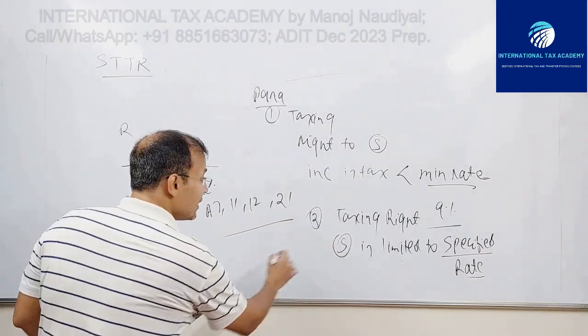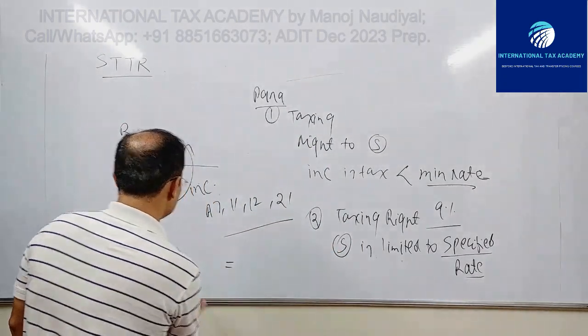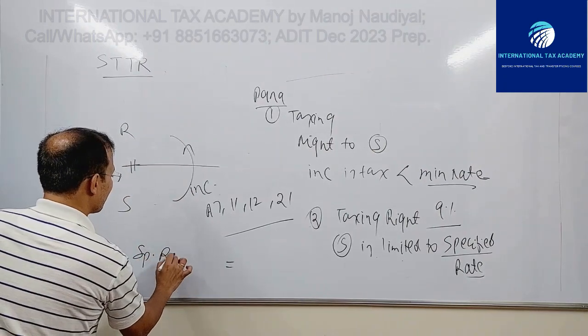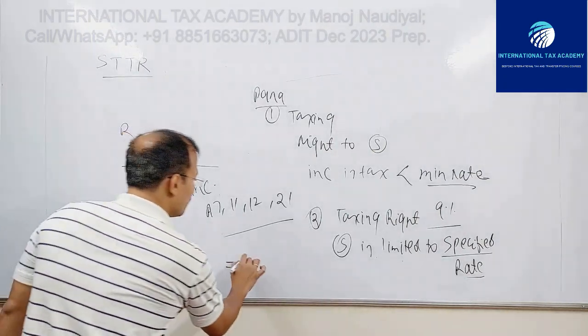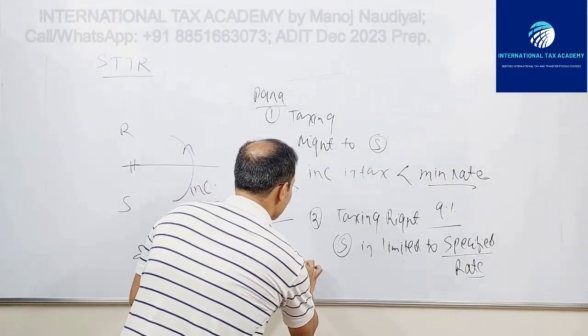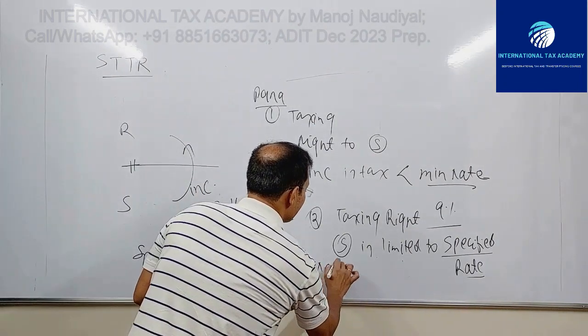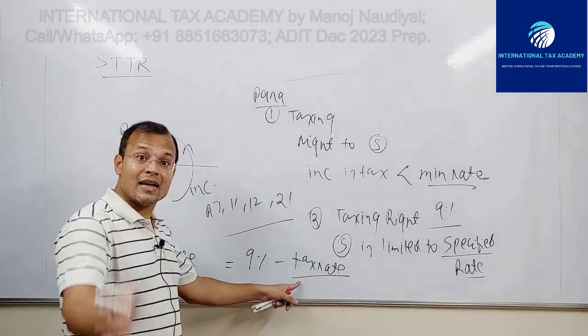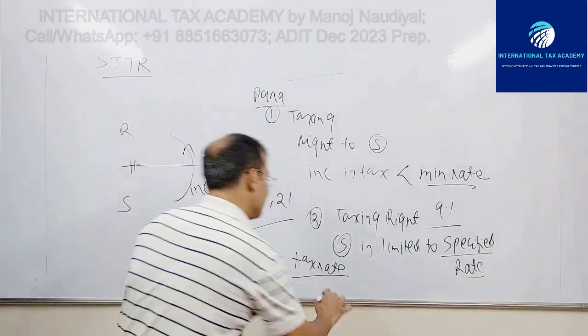Specified rate is the difference between the STTR minimum rate, that is 9%, minus the tax rate. What is the tax rate? Tax rate is given under paragraph number 5.